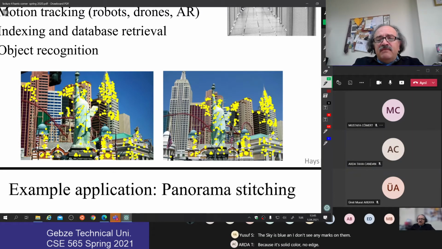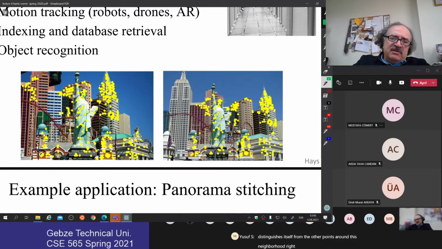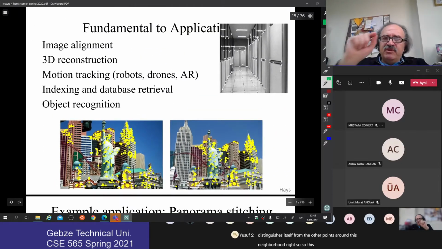It has no distinct features on the sky, right? It is all blue. How are you going to do the match? If you are going to match something, that point should have some features that distinguish itself from the other points around its neighborhood, right? So these distinguishable points are important.